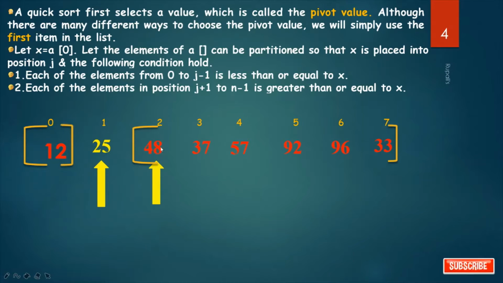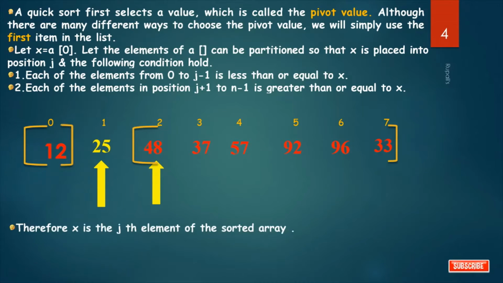Total number of elements, say 1, 2, 3, 4, 5, 6, 7, 8. So the maximum index is n minus 1, that is 7. So the right hand side is j plus 1 to n minus 1 and the left hand side is 0 to j minus 1. Therefore, x is the jth element of the sorted array. X is 25 and it is the jth element, j is 1, of the sorted array.